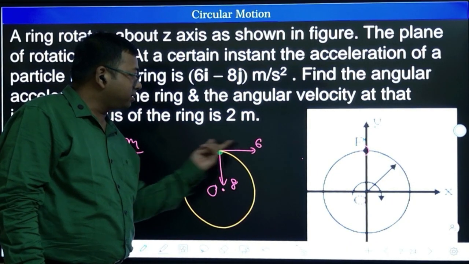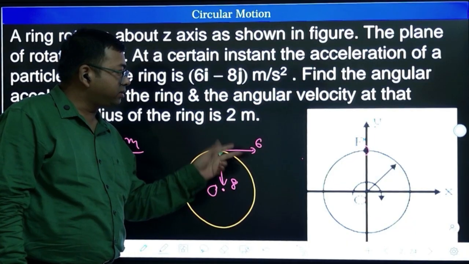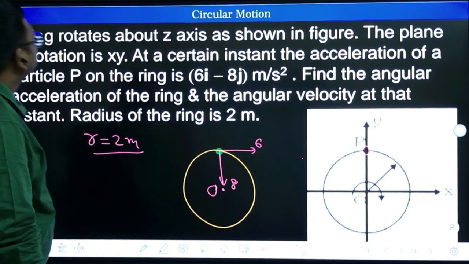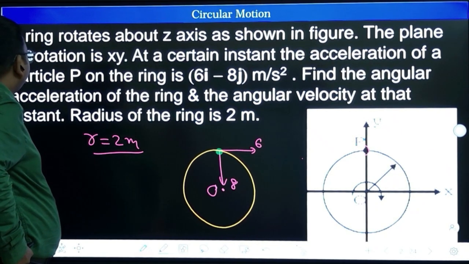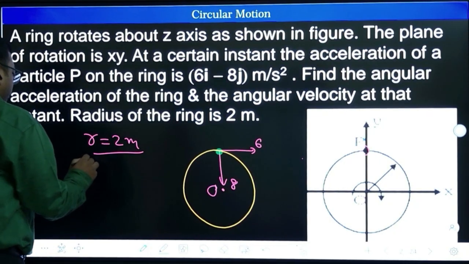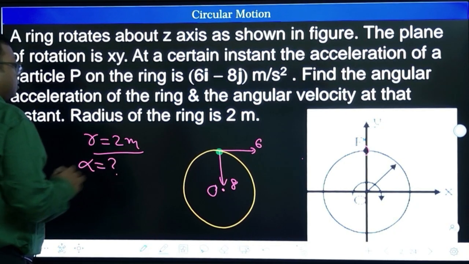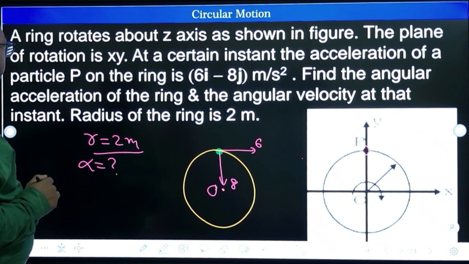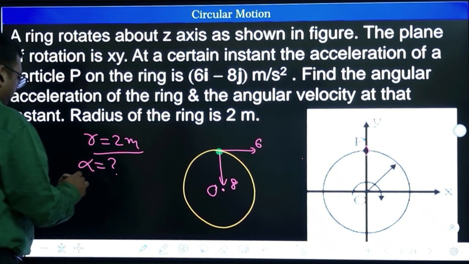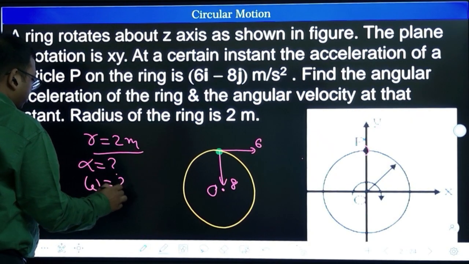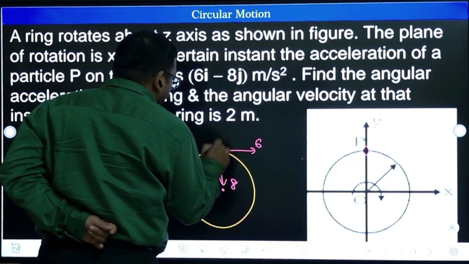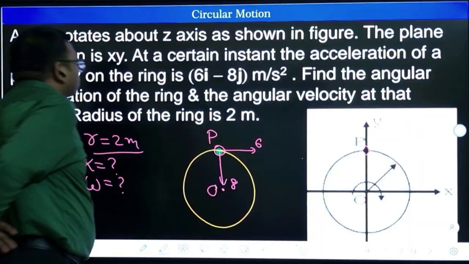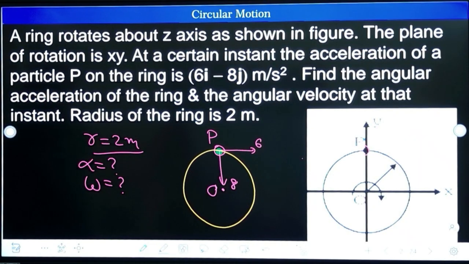And this acceleration which is along the tangent is the tangential acceleration. So we have to calculate the angular acceleration alpha and the angular velocity omega at this instant, where the particle is right now at this point. Try this.